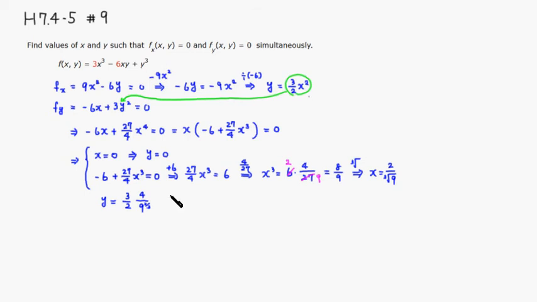But you can see that 9 is 3 squared. So this is actually 3 times the cube root of 3.